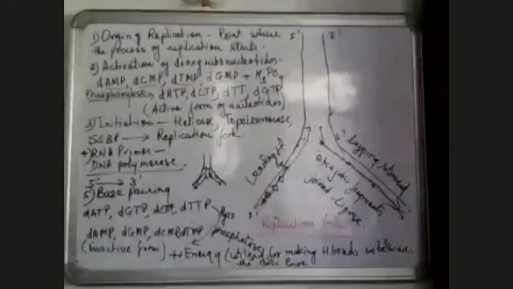At that time, under the action of pyrophosphatase, the active forms of nucleotides, that is dATP, dGTP, dCTP, dTTP, get converted into the inactive forms, which are dAMP, dGMP, dCMP, and dTMP.